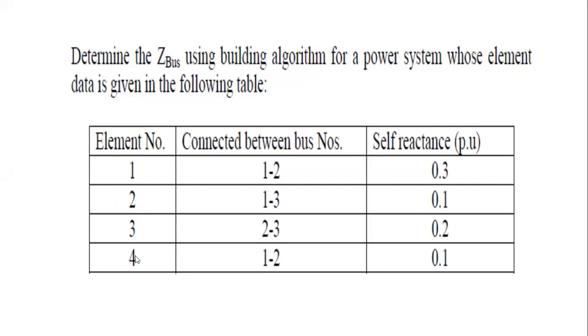The elements are 1, 2, 3, 4, and there are three buses. The self-reactances are 0.3, 0.1, 0.2, and 0.1.